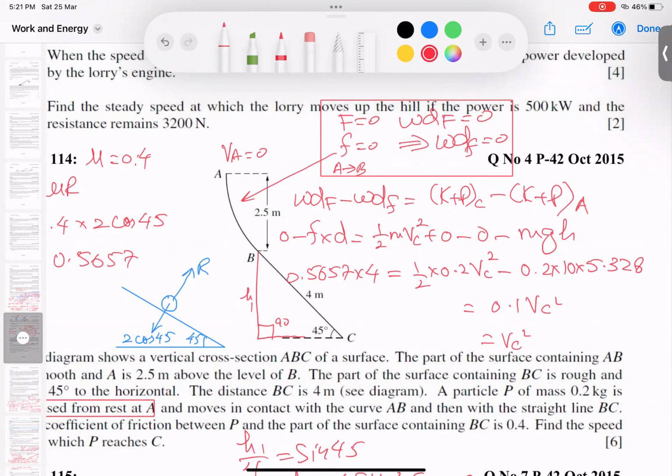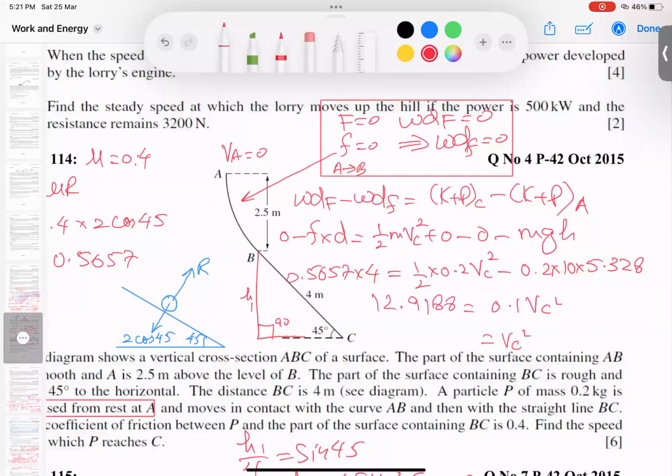What I have is 4 times 2.5657 and plus 0.2 times 10 times 5.328. I got here 12.9188.